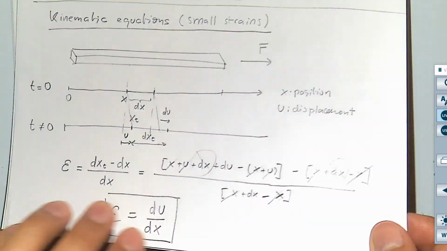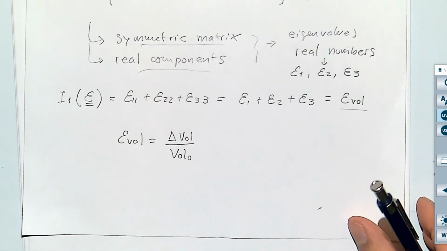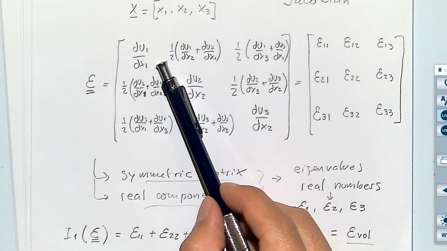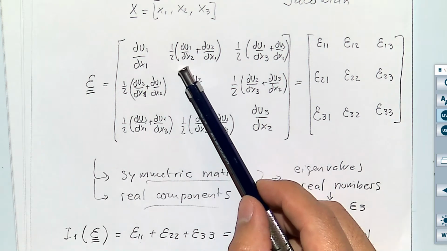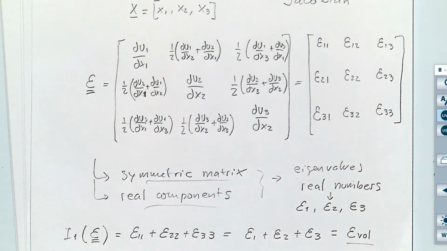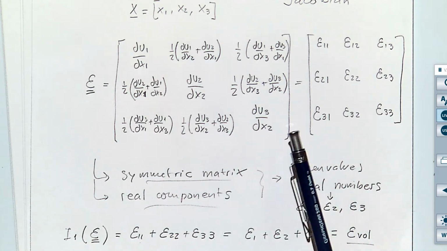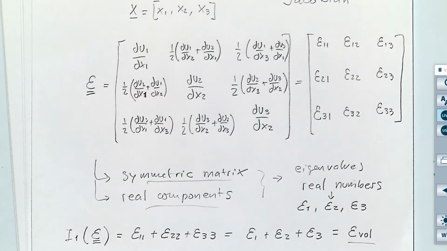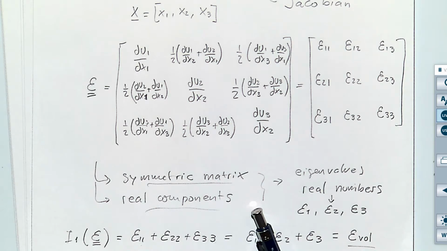And the final solution is that the strain is going to be sort of a Jacobian, a gradient of displacement as a function of position. And this is how we're going to calculate it, okay? Any question about this part? This is it. This is all we're going to see about kinematic equations.